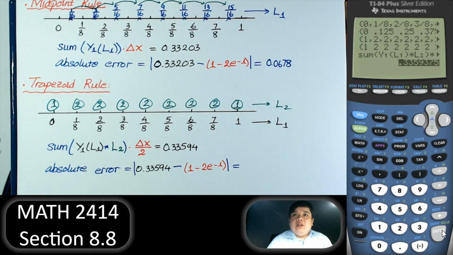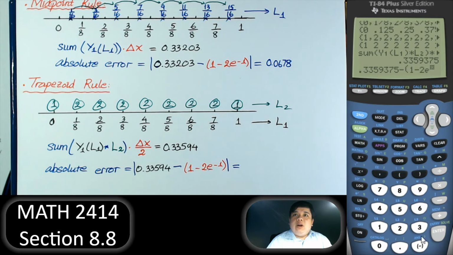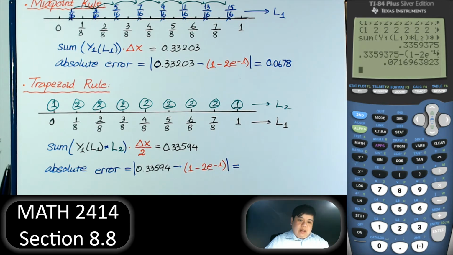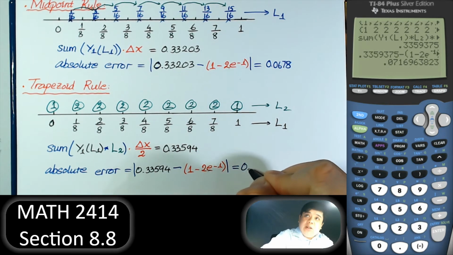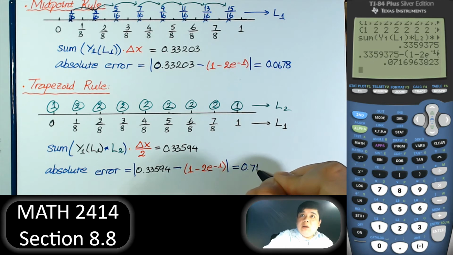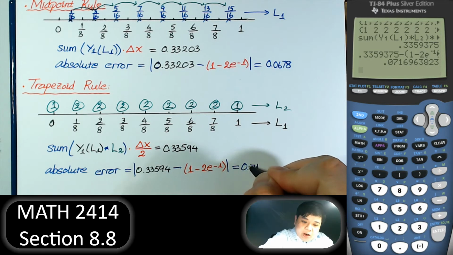So we take that number and subtract the exact value of 1 minus 2e to negative 1. So we have that.